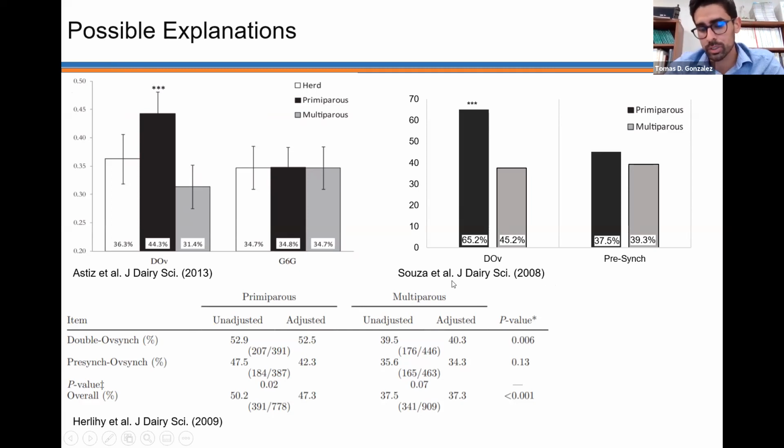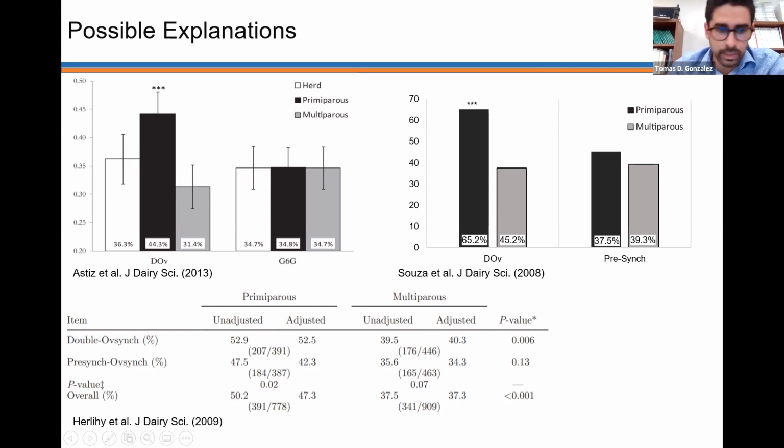The same as Souza, the first publication of the double Ovsynch, the same. Primiparous cows are in black, multiparous cows in gray, percentage of pregnant cows on the y-axis. He used the double Ovsynch and the pre-synchronization and then Ovsynch, and he saw a statistical difference in the primiparous cows.